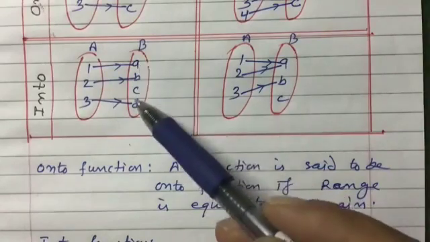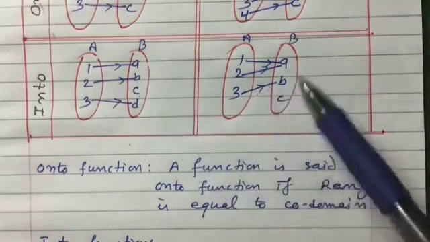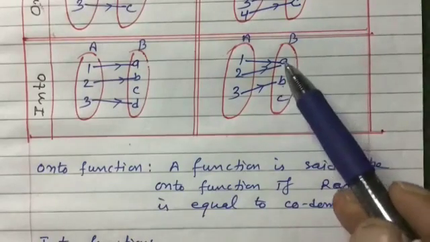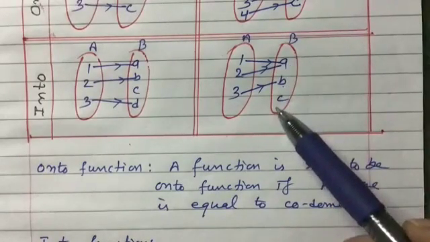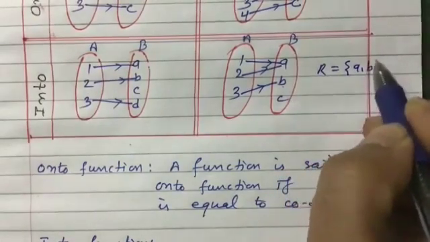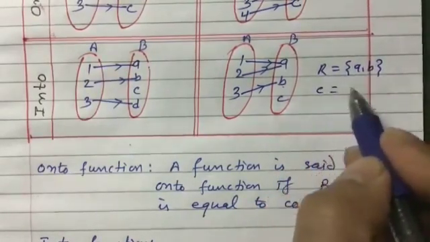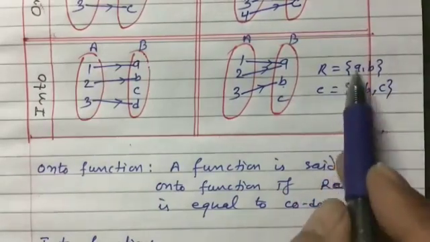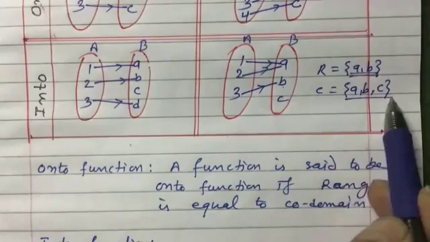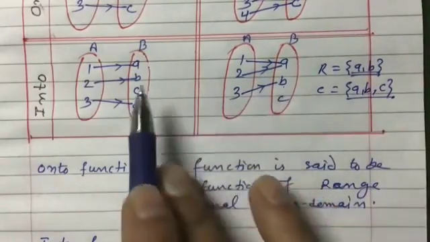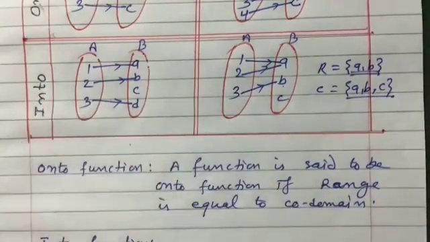Here also, the range contains two elements, A and B, and the codomain contains A, B, C. So the range is a proper subset of the codomain. In this condition the function is said to be into function.